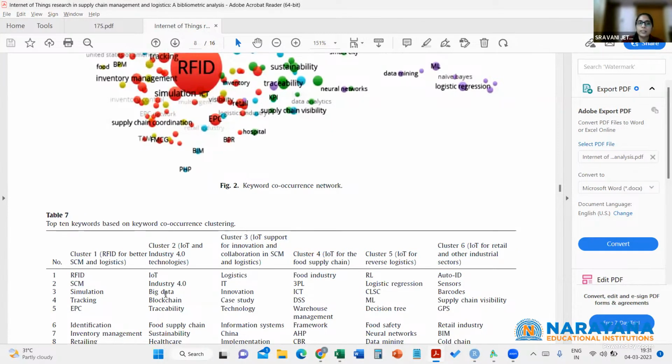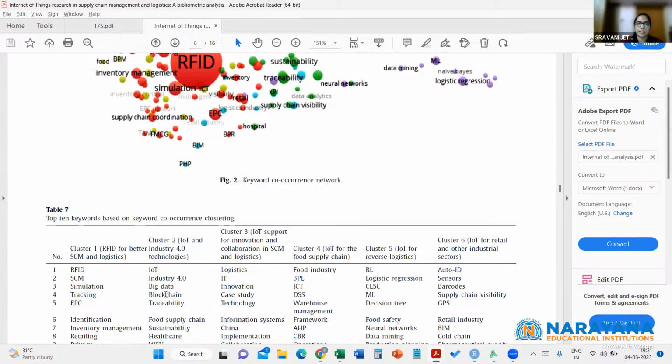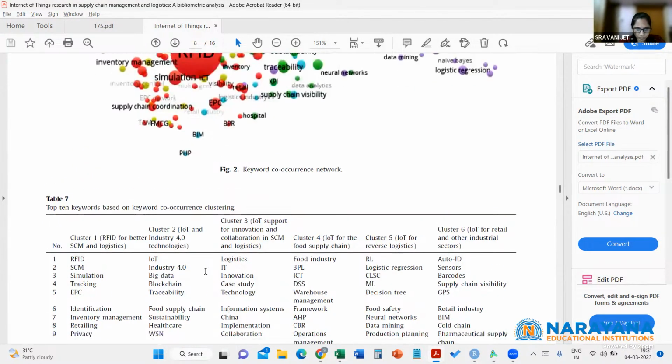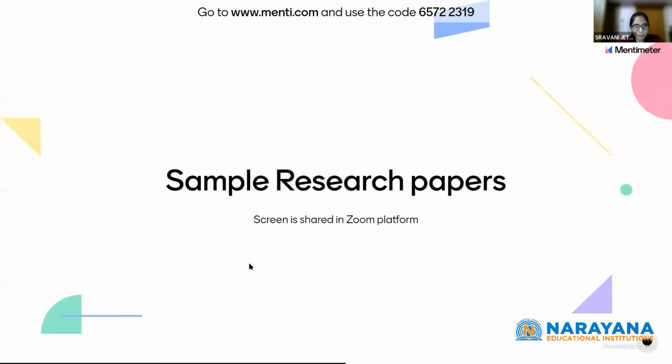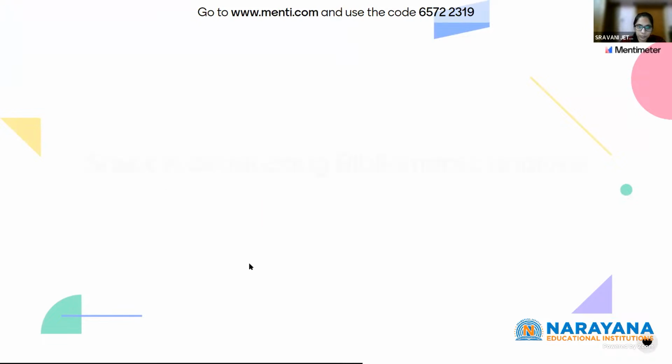So this is the way you can find out the emerging topics and research that have been happening in this particular field. So these are the 2 papers that I wanted to show, for how the bibliometric results can be shown or used in your particular paper of interest.